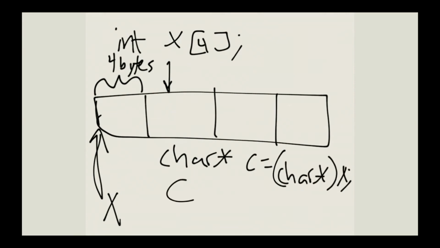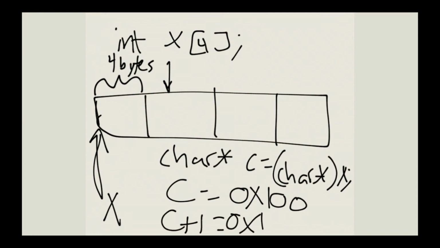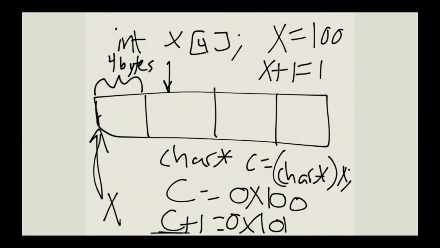And now c is going to be the same address as x. C is going to be equal to 0x100. But c plus 1 is going to be equal to 0x101. Since pointer arithmetic depends on the type of the pointer that you are adding to. So c plus 1, it looks at c, it's a char pointer, so it's going to add 1 times size of char, which is always going to be 1, so you get 101. Whereas if I do x, which is also still 100, x plus 1 is going to be 104.